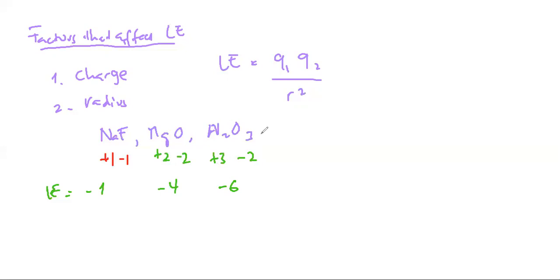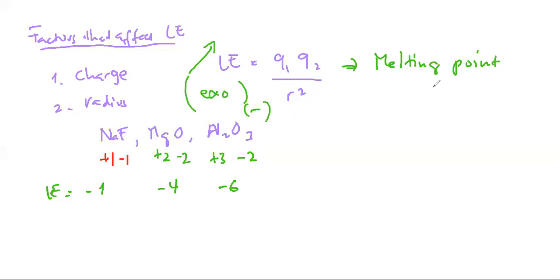So what's the significance of the highest lattice energy? The highest lattice energy reflects a higher melting point. If your lattice energy is very exothermic, meaning very negative, the melting point of the ionic compound will be very high.